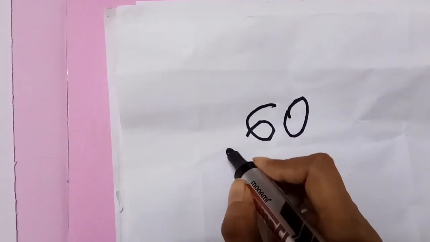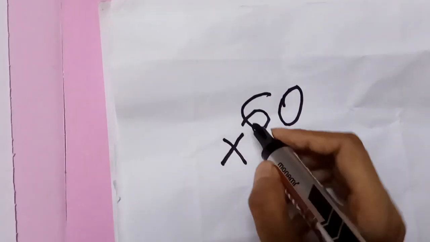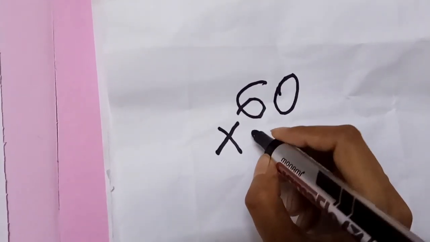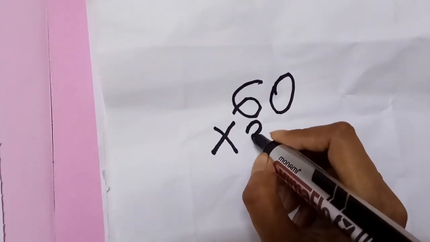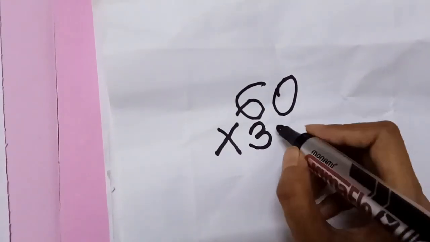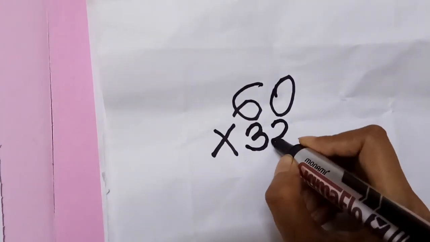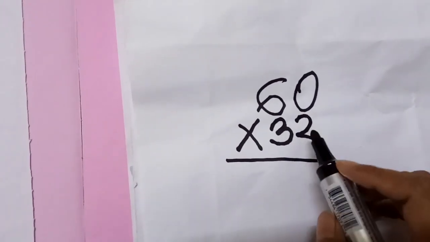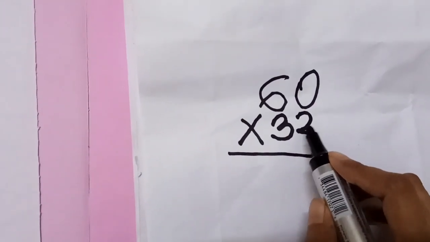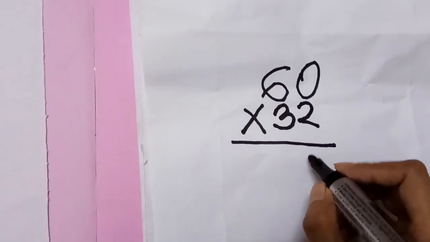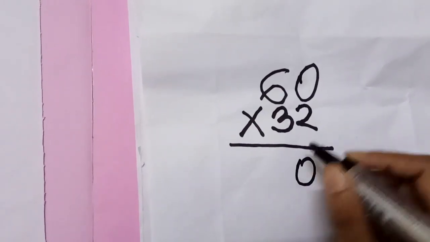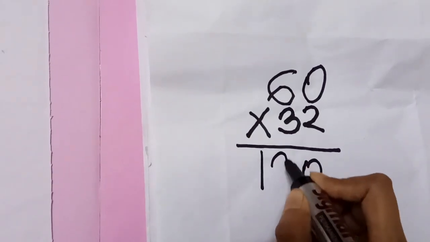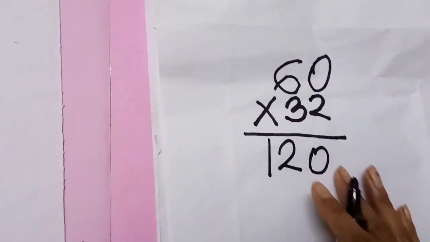60 multiplied by 32. First we have to take 2 zeros are 0, 2 6s are 12.